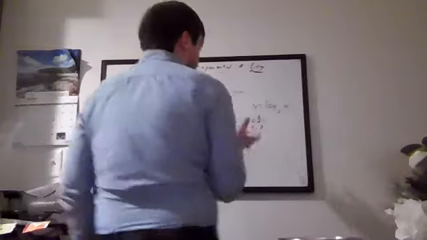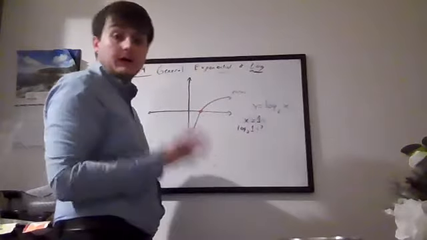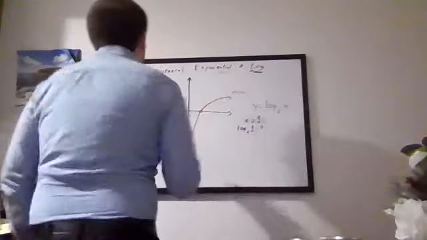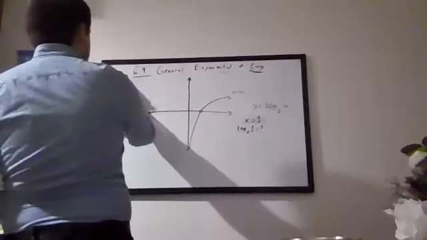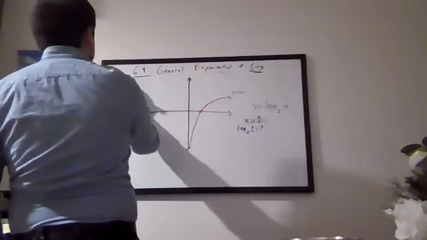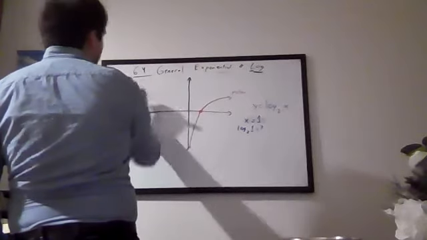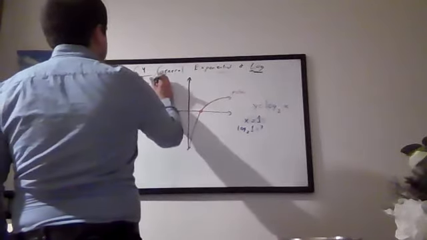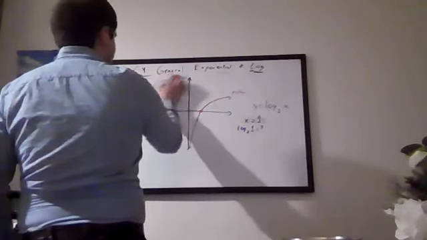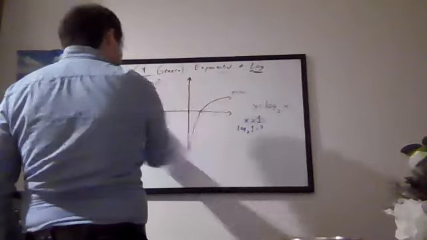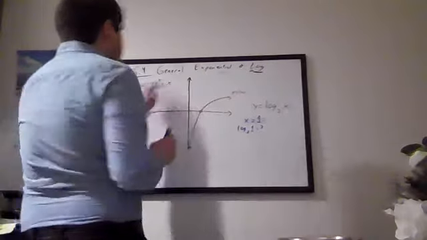Now, what does that equal? Well, remember, if I have log base 2 of x equals y, this is the same question as 2 to the y power equals x. So that's the same question.